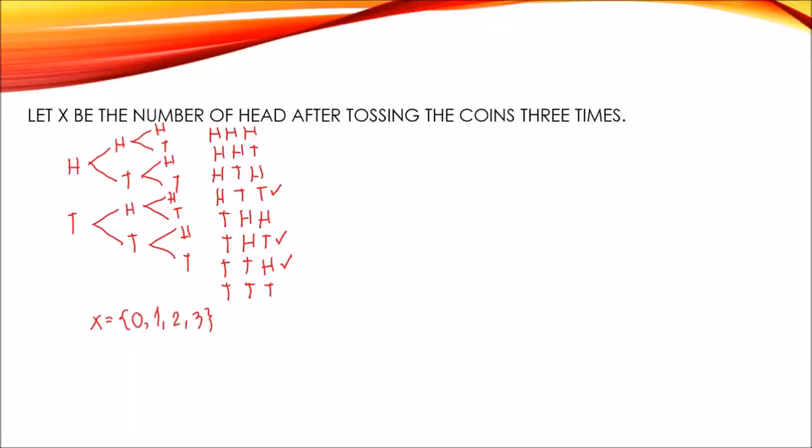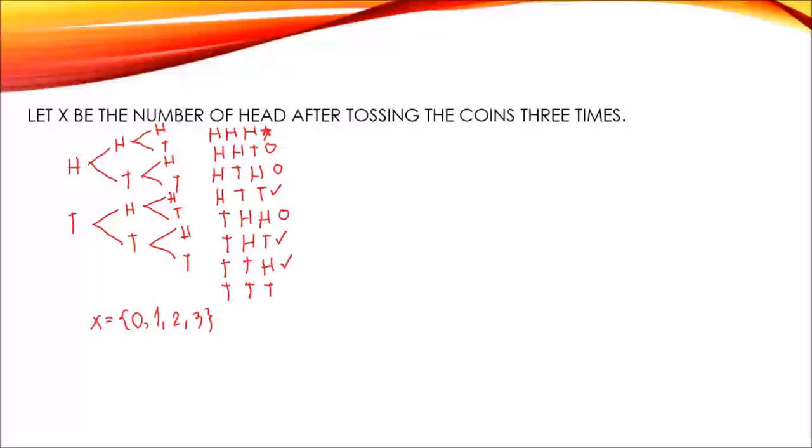We have HHT, HTH, and THH. And we have also 3, since we have a combination where all outcomes will be heads. That is head, head, head. So that is our random variable.